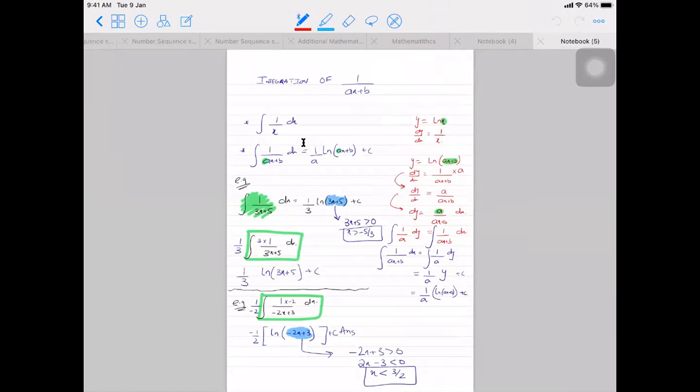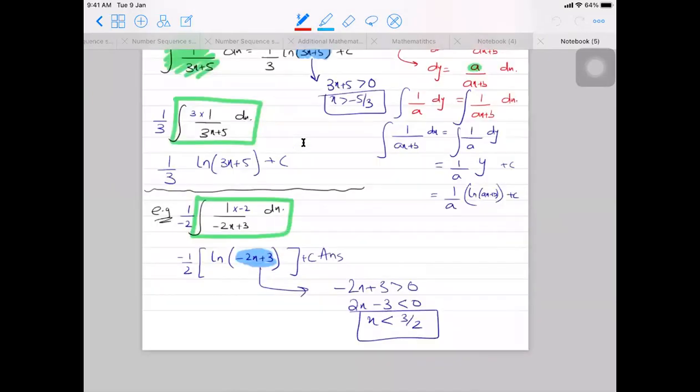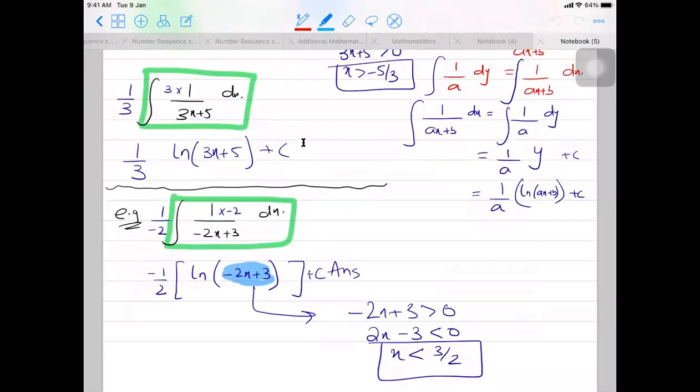So if the differentiation of the denominator is present in the numerator, we said that the integration of such a function is going to be ln of the denominator. For example, consider this example again. You were given 1 upon minus 2x plus 3.